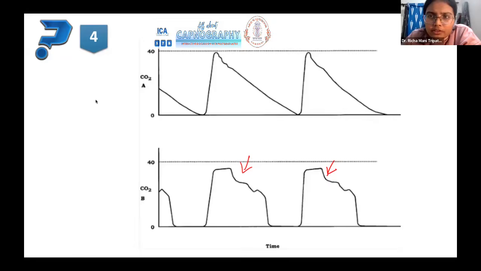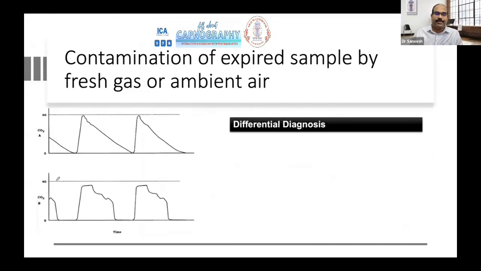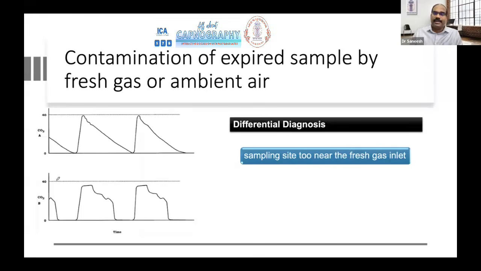Sir, contamination of the sampling line. Yes, contamination or a leak in the sampling line, so that when carbon dioxide is actually getting exhaled, then at the later part of the expiratory phase, it is getting leaked outside the sampling. Okay, so it can happen if the sampling site is too near the fresh gas inlet, because the fresh gas inlet keeps on diluting the CO2 values.